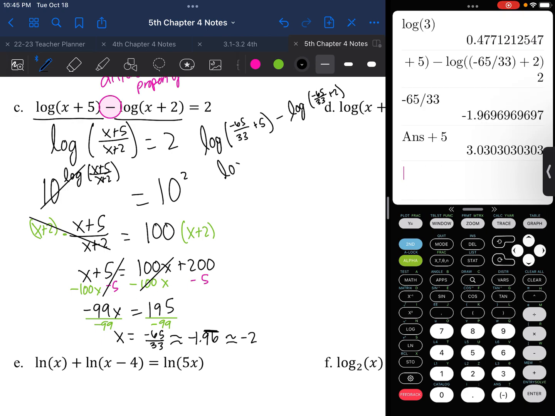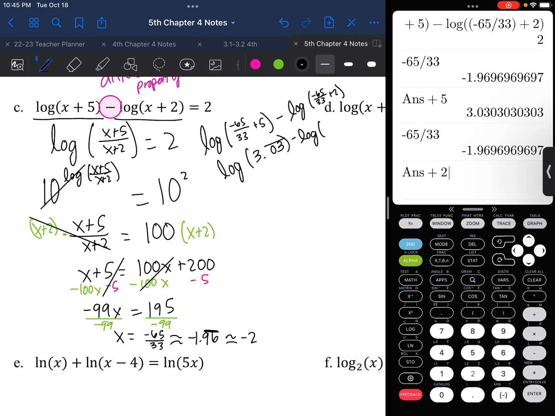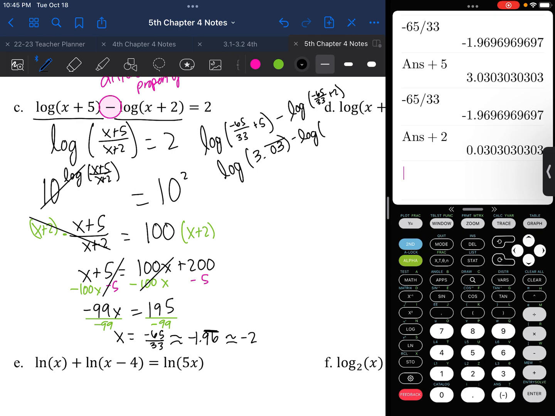So this is the log of 3.03 repeating minus the log of... So we're going to think about what would happen if you put this back into this form, right?